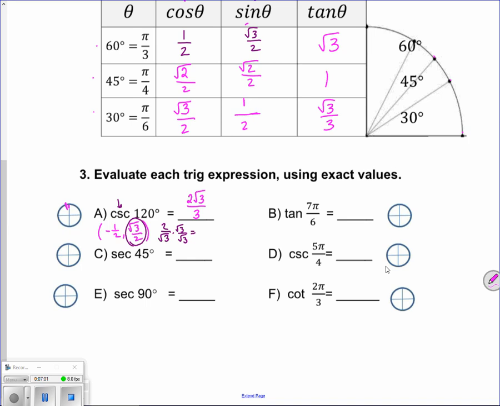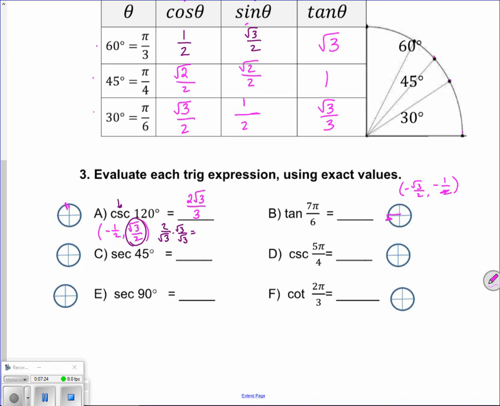So the tangent of 7 pi over 6. Friends, the tangent of 7 pi over 6 is, well, here's 7 pi over 6. The ordered pair would be negative square root of 3 over 2, negative 1/2, x, y.